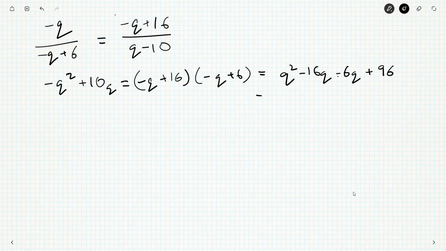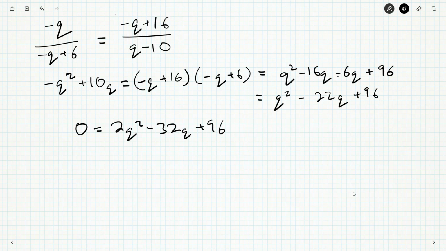Yeah. So I'll simplify that. Q squared minus 22Q plus 96 is equal to negative Q squared plus 10Q. We'll bring it all over to one side, so 0 is 2Q squared minus 32Q plus 96. Divide by 2 on both sides. Q squared minus 16Q plus 48.